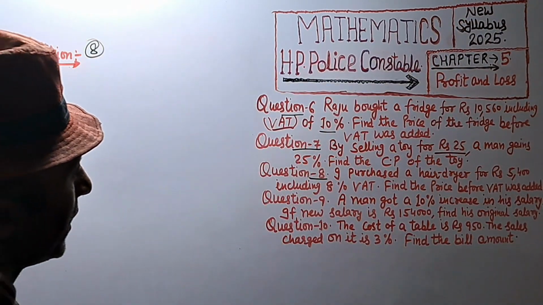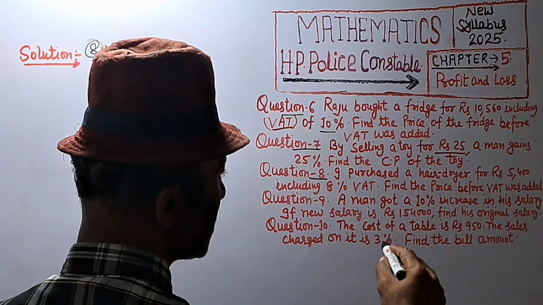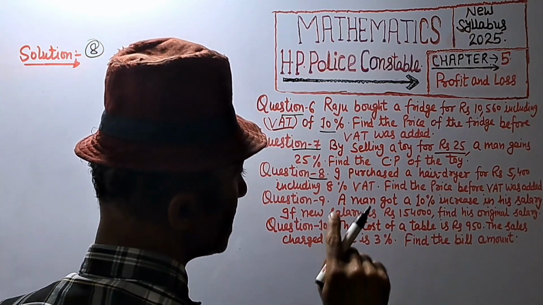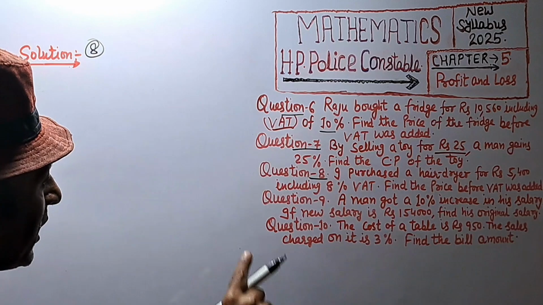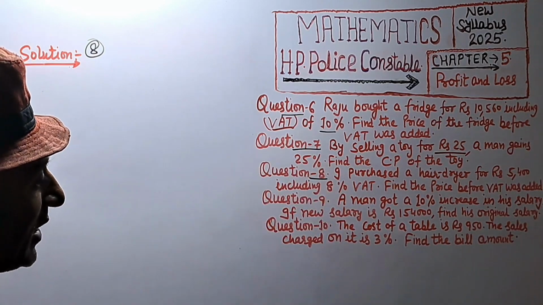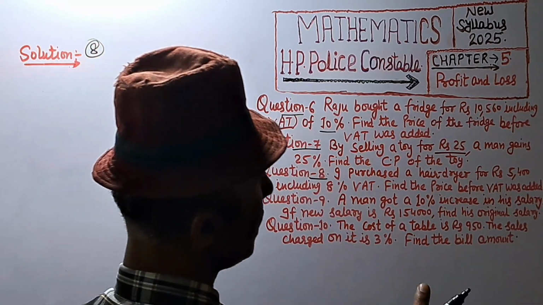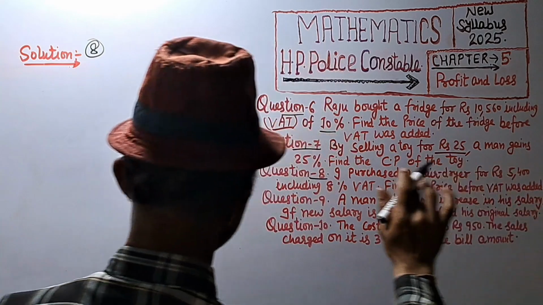Question number 8. I purchased a hair dryer of rupees 5,400 including 8% value added tax. Find the price before value added tax was added.